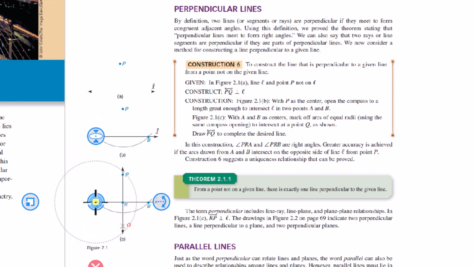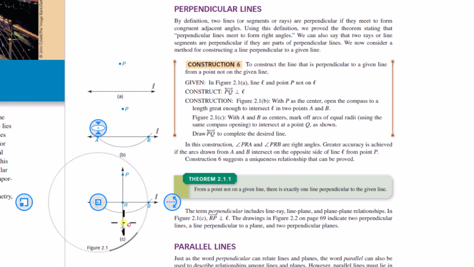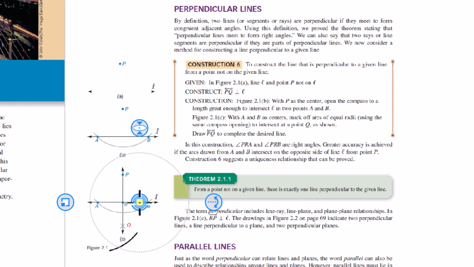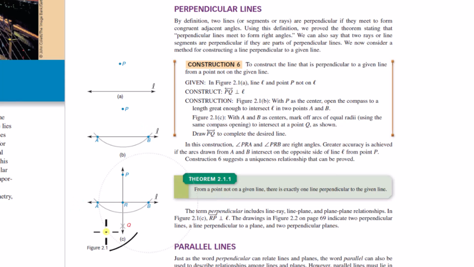It doesn't matter. You could change the radius if you want again, so I'll do that. We'll do this radius, and then you draw an arc out here, but now don't change the radius of the compass. Come to point B and draw an arc here, and then where those intersect, that's okay.